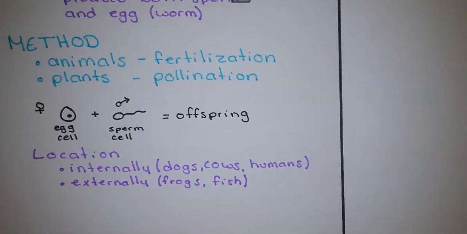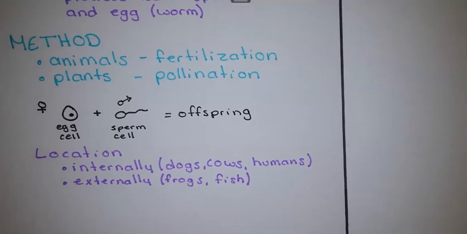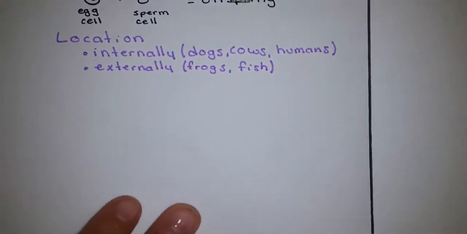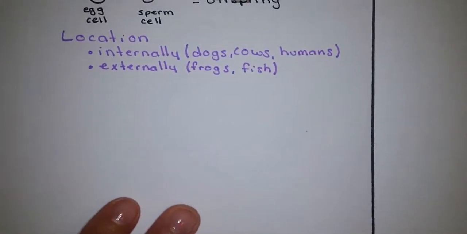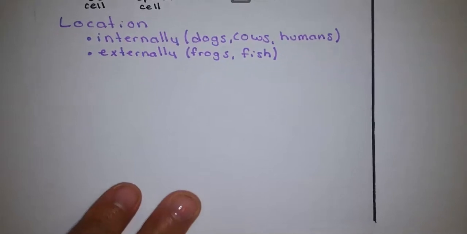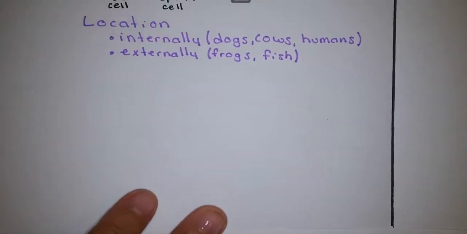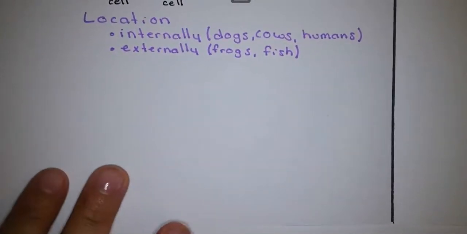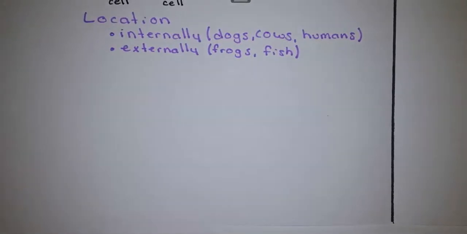Now, there are, like always, advantages and disadvantages for the different types of reproduction. So at the very bottom part that I have left over for my notes, I'm going to talk about the advantages and disadvantages of specifically sexual reproduction.